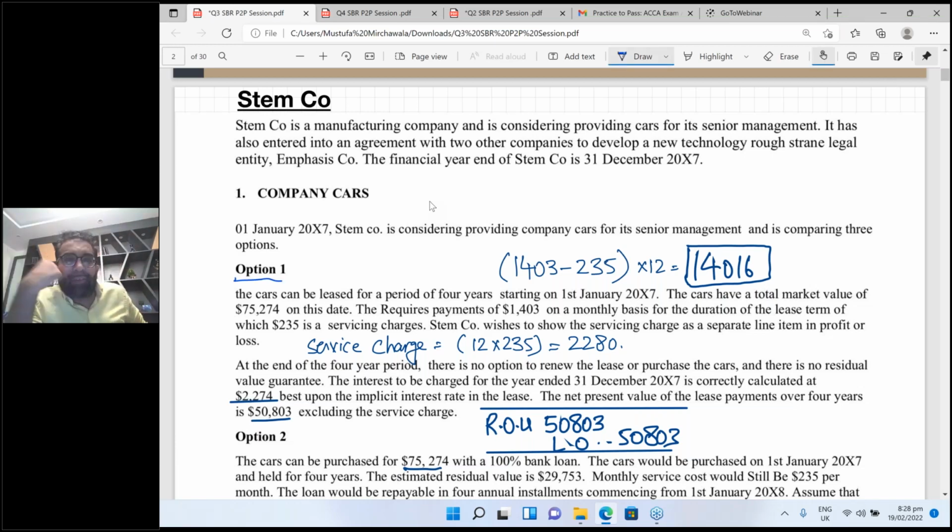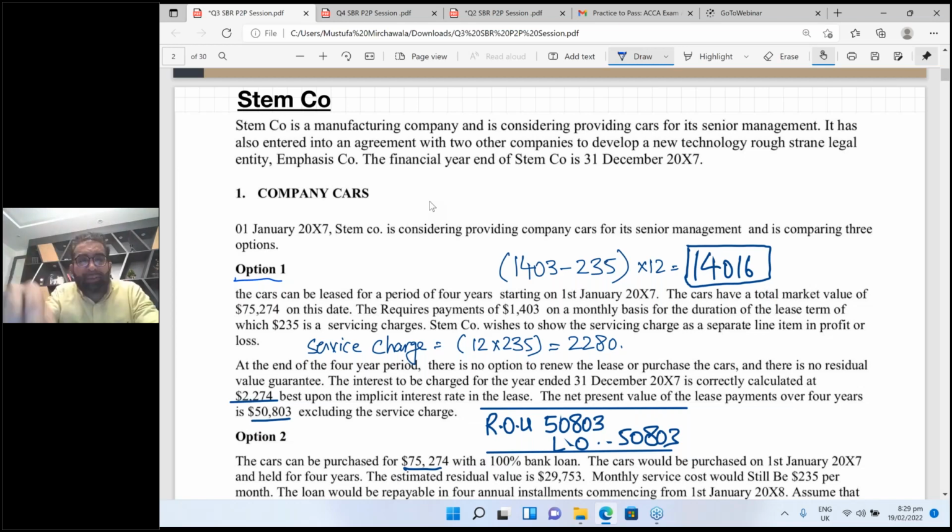Stop. First of all, we are lessee, because we are taking cars on lease. And I'm sure you all know, for the lessee, there is a new accounting standard, IFRS 16, the latest accounting standard, applied in the lessee's books. Now, one more thing.